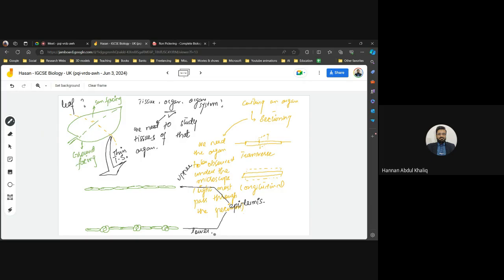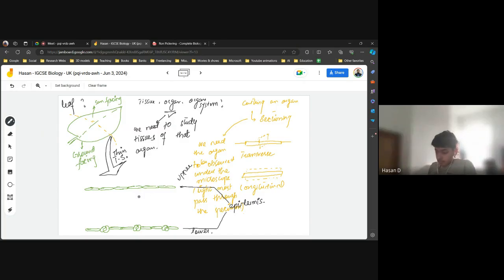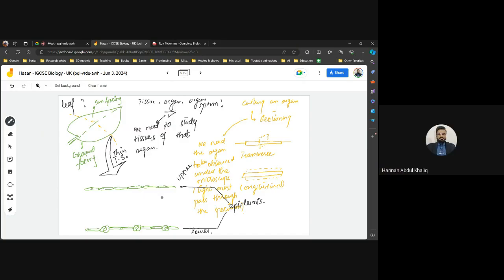Why are we saying upper and lower? Remember, the upper one is the sun facing, and the lower epidermis is the ground facing. Everything clear? So, what is present between these two layers?